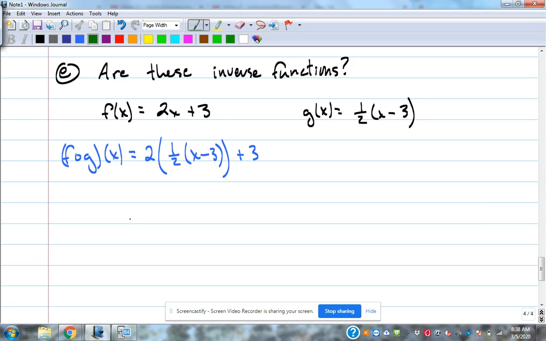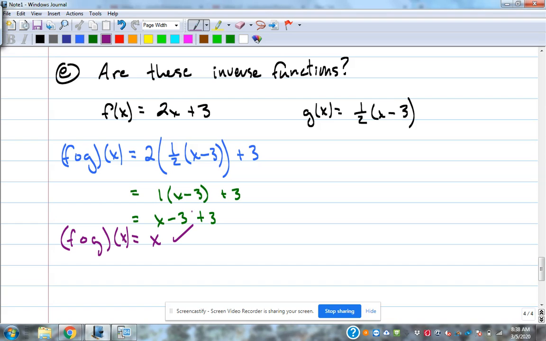It's all multiplication in this first little part here. So I'm just going to multiply 2 times 1/2 and get rid of that fraction. 2 times 1/2 is 1, right? So it's going to be 1 times x minus 3 plus 3. So that's going to be x minus 3 plus 3, which is x. So f composed with g of x is equal to x.